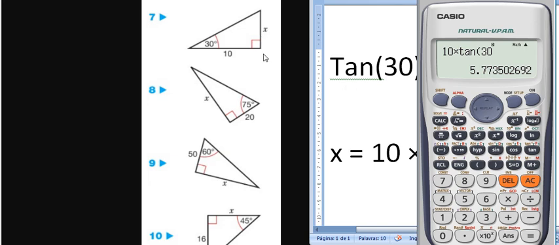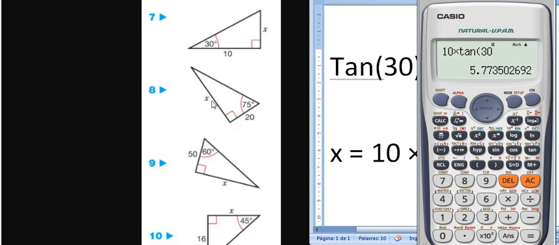So this X is 5.77, all right? So this is the situation when we have the angle. We don't have the opposite side, but we want to find it, and we have the length of the adjacent side. It's going to be the same here. We don't have the opposite side, and we want to find it. Okay, it's the opposite because it's not touching the angle.